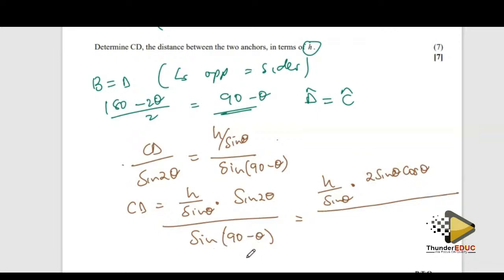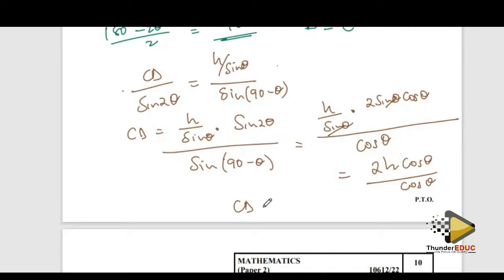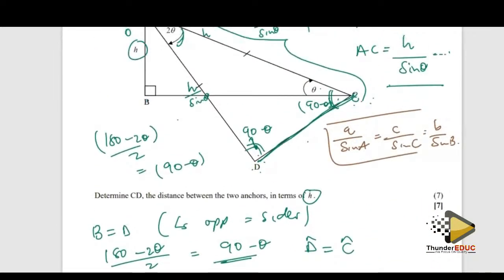When we simplify, the sine theta cancels, and I'll be left with 2h cos theta over cos theta. Then the cos theta and the cos theta also cancel, which means CD is twice h. I don't know, guys, but that's how I would have gone about it very fast, because that cosine rule was going to show me flames.